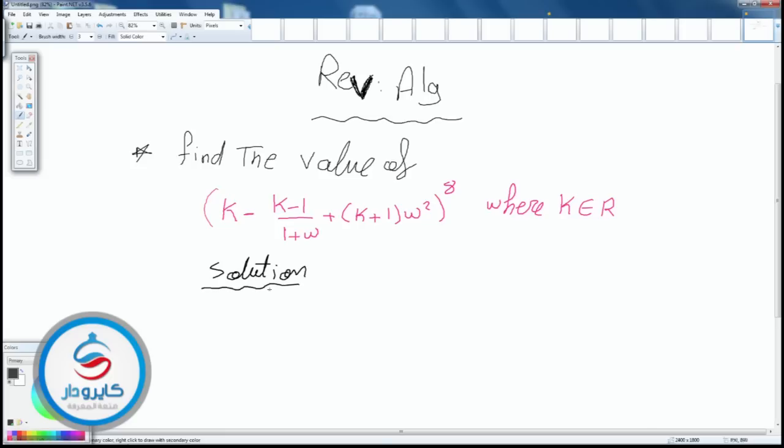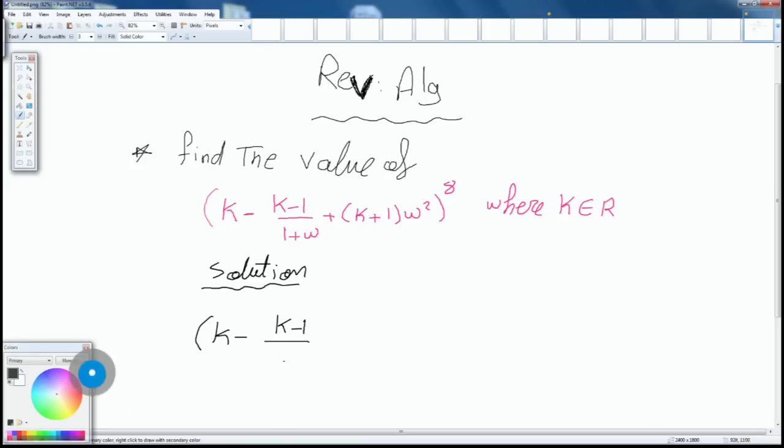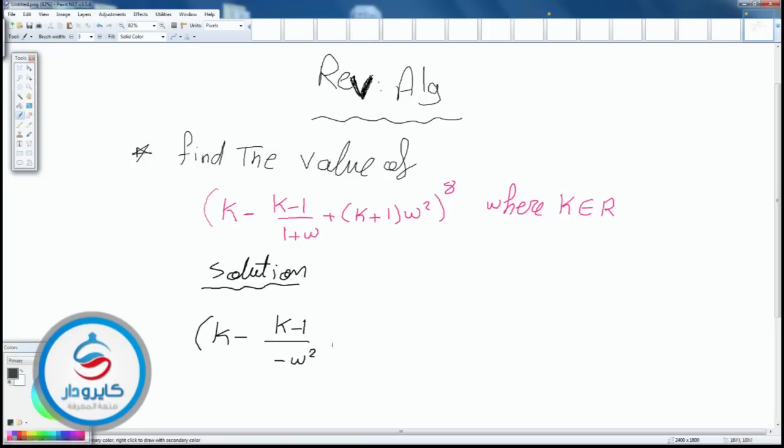Shall we start? First, we have to try to make a simplest form about this bracket. This is k minus 1 over, as we know, 1 plus omega equals negative omega square, plus k plus 1 over omega square all to the power of 8.